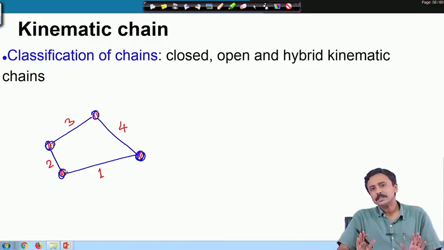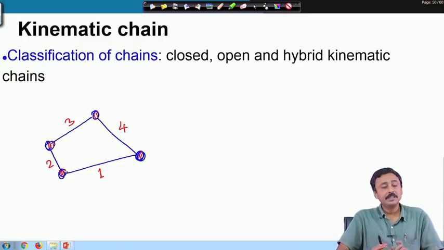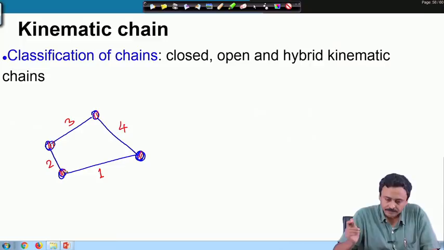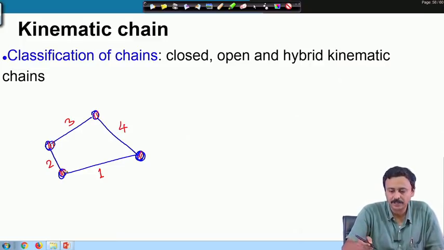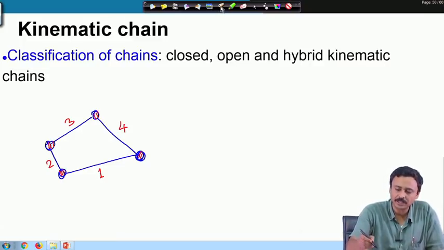So, what is the distinguishing feature of a closed kinematic chain? There is no singular link. There is no singular link in a closed kinematic chain, and therefore, it becomes very clear what an open kinematic chain is.